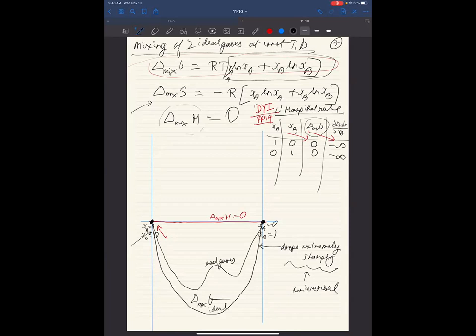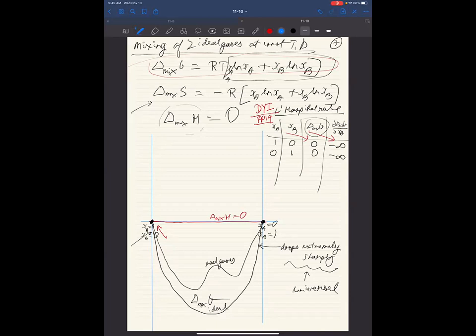Now let's plot our delta mixing S. How should that look? Can we plot it simply on the basis of delta mixing G? What do you think, Daniel? The inverse, right? Why should it be inverse? Because we have got rid of two things: we have got rid of temperature and we have got rid of the minus sign. So it should be inverse, but probably a bit smaller, because if the temperature is 500 Kelvin, we are not multiplying it by 500.